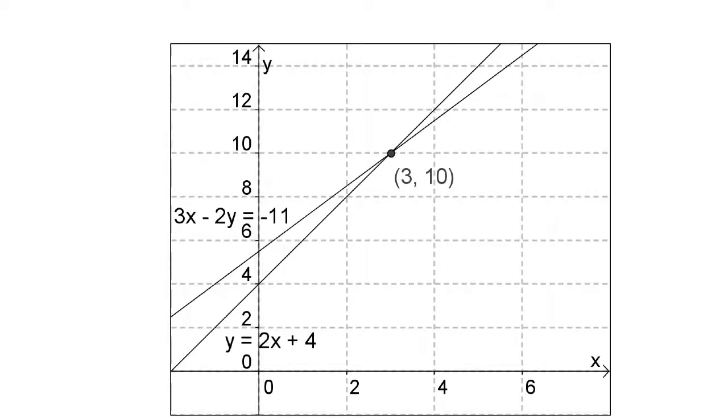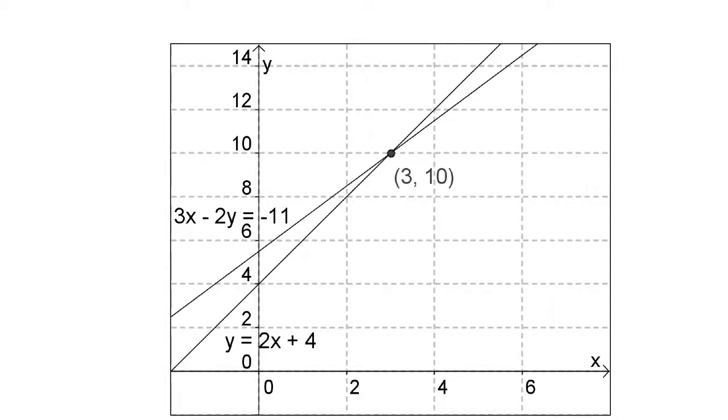So when the intercept method of graphing a line gives you these funky decimals that are not easy to see, then that might be a case where you want to convert this to slope-intercept form, or recognize the slope is just going to be 3 halves.